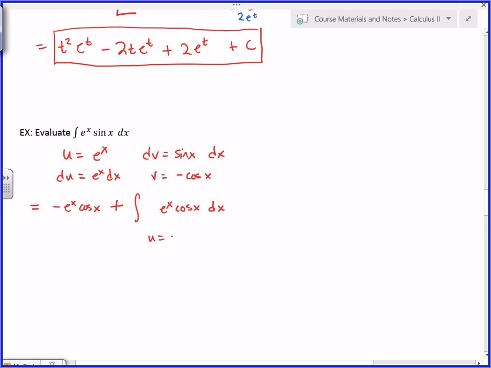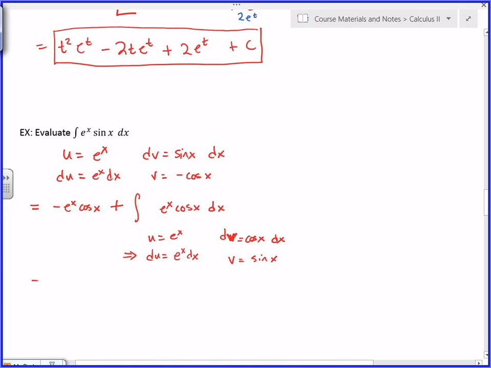Let's let u be e to the x, dv now be cosine of x dx. So that means du is e to the x dx, and v becomes just sine of x.